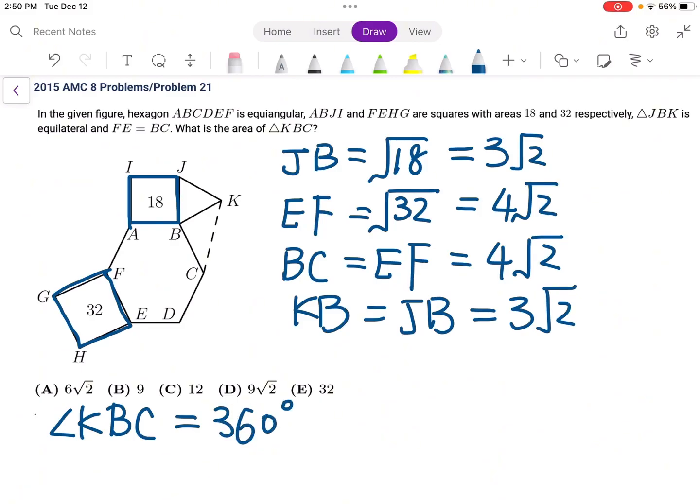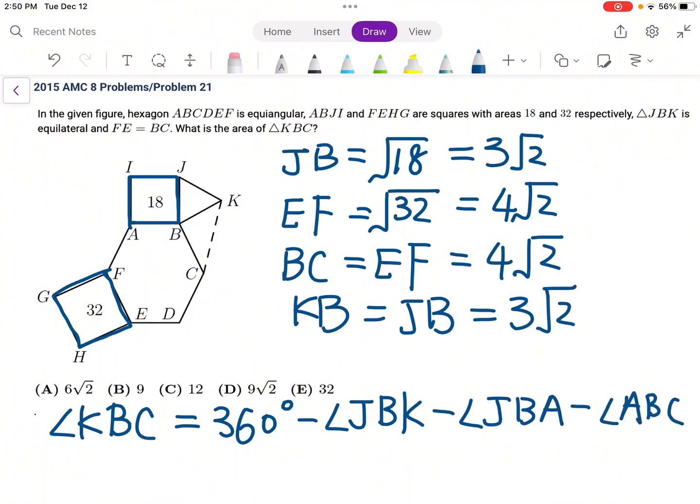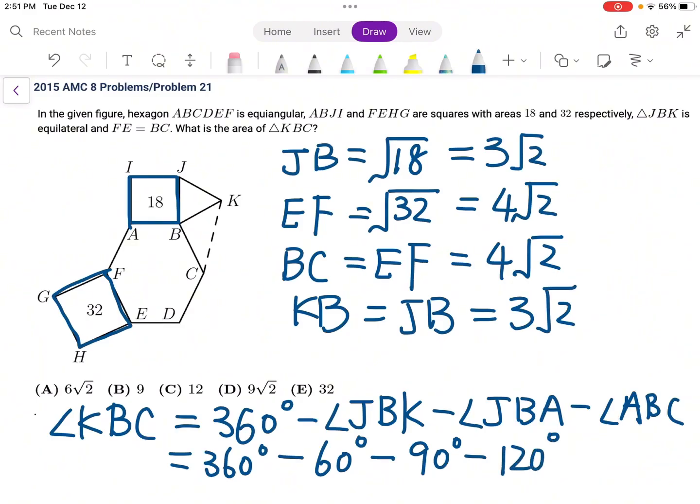360 degrees subtract angle JBK, subtract angle JBA, subtract angle ABC, and it equals 360 subtract, angle JBK is 60 degrees, and angle JBA is 90 degrees, and angle ABC is 120 degrees, and it equals 90 degrees.